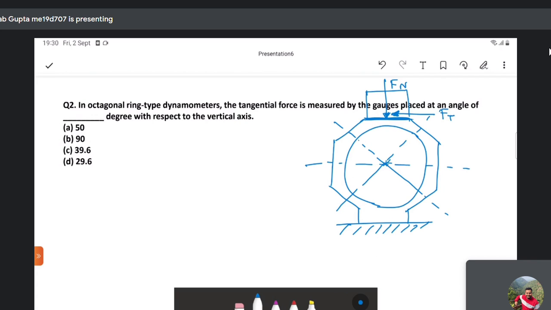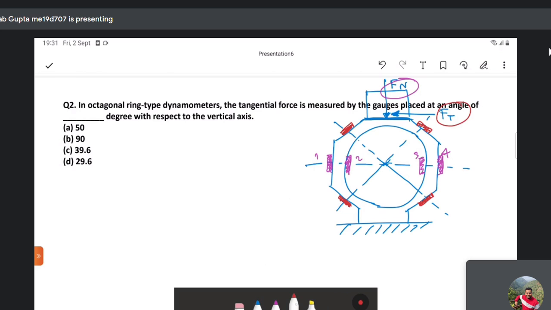By the way, for this type of dynamometer, you place the strain gauges like this. These four strain gauges are used to measure Fn, and these four strain gauges are placed to measure Ft.